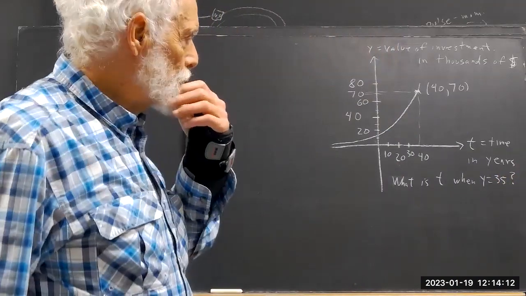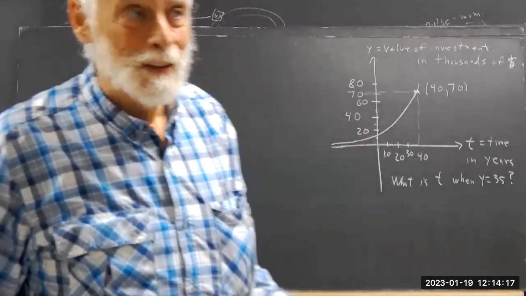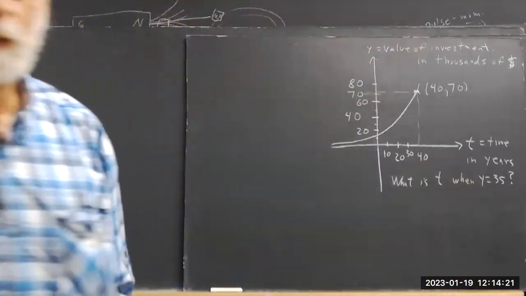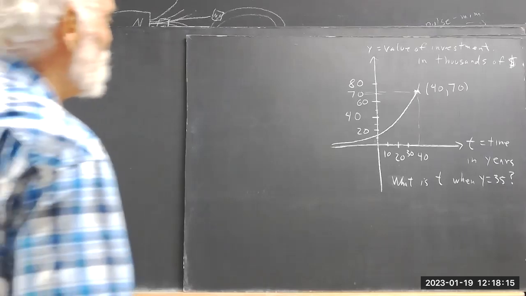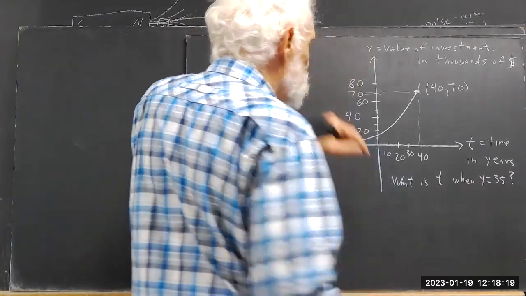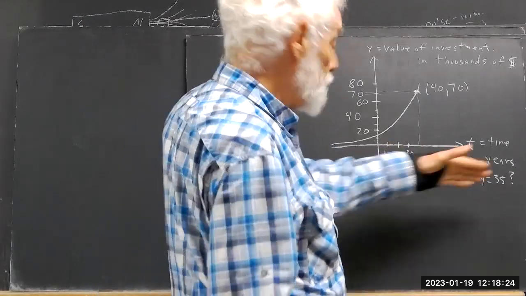Now, if you did divide the 70 in half, 35 is going to be easy to find, right? But tell me now, what is t when y equals 35? That's pretty straightforward. If you notice that I said y equals 35, because you're used to doing x.